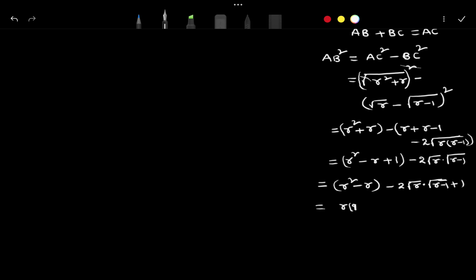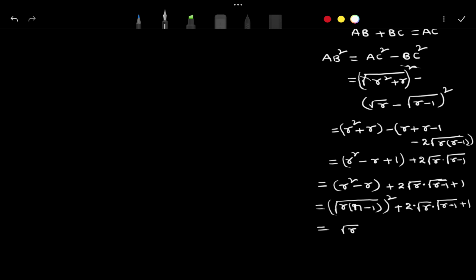If you take the root, you can write square root of r into r minus 1 whole square, minus 2 into root r into square root of r minus 1, sorry, this is nothing but plus, plus 1. Now this is a square plus 2ab plus b square, so you can write a plus b whole square.